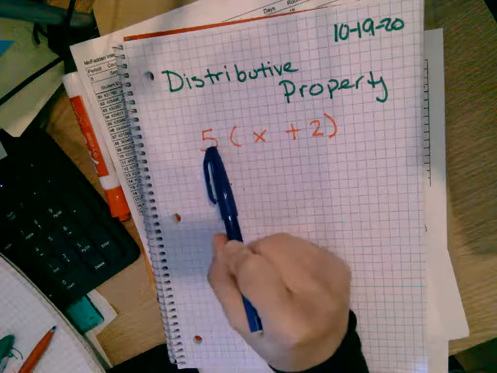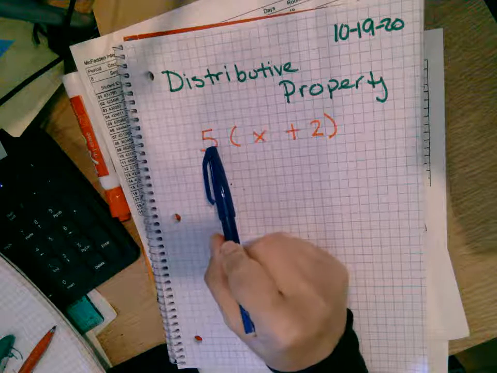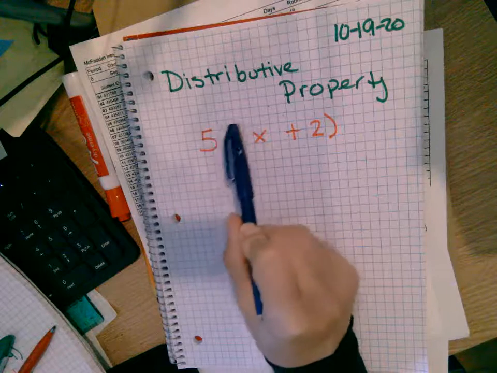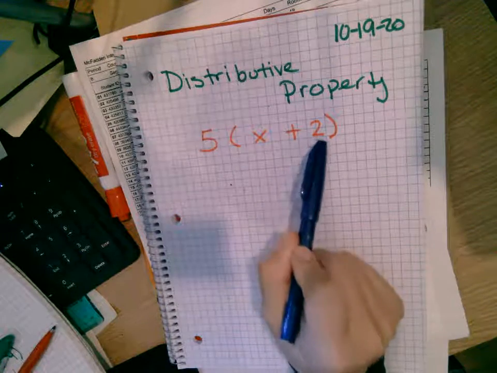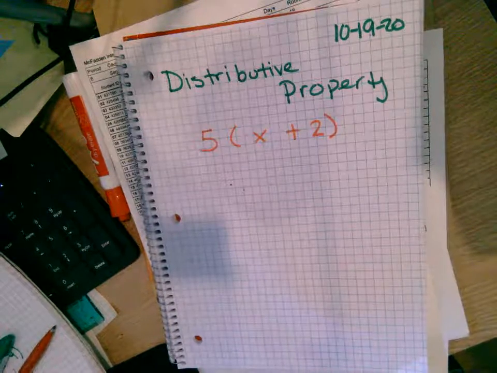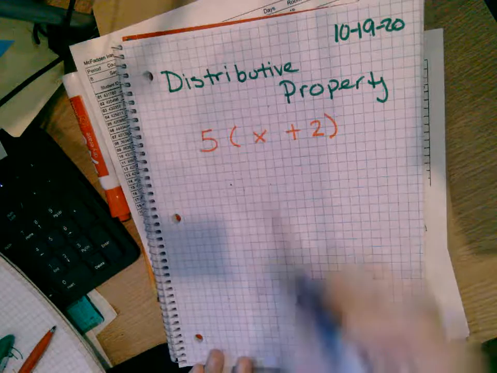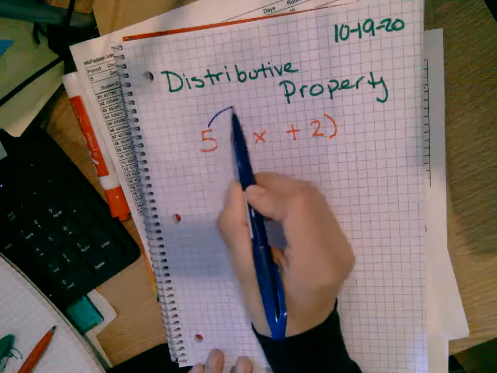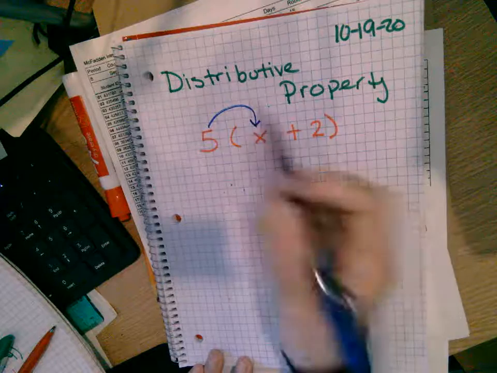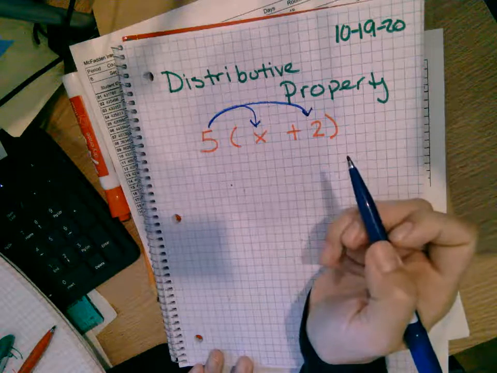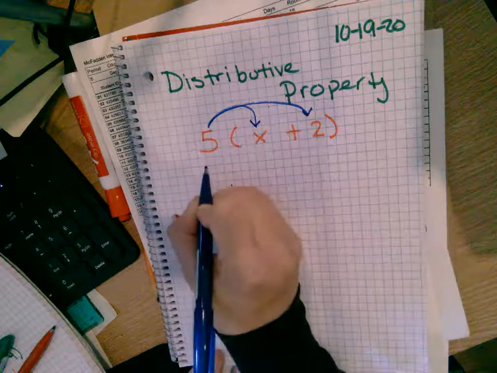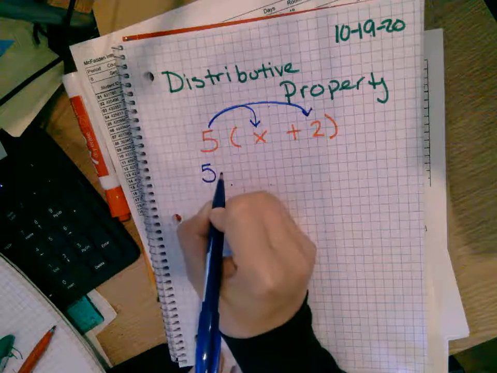The 5 answers, and the 5 is going to give candy to everybody in the group. And don't forget about the 2. Students will forget to give candy to the 2, and that's very upsetting. So you copied this down. You're going to give the 5 to the first trick-or-treater and the 5 to the second trick-or-treater. Everybody gets candy.